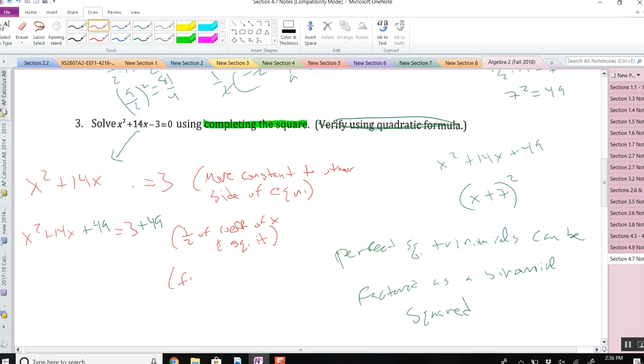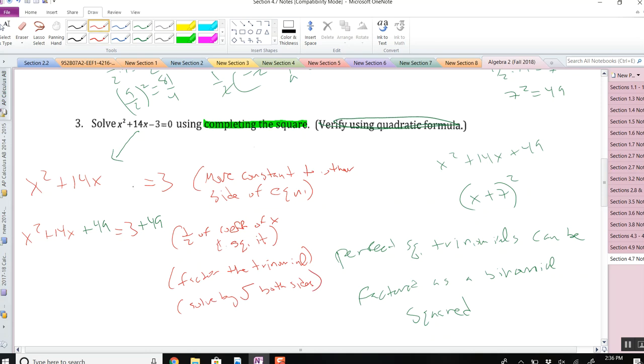Then you're going to factor the trinomial. And trust me, it has to be factored, because if you can't factor it, you didn't do the process right. And then you're going to solve by square rooting both sides.